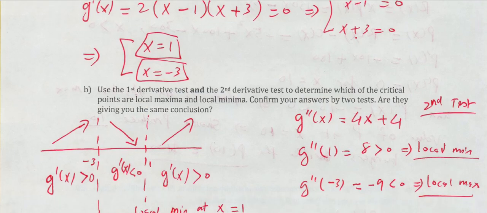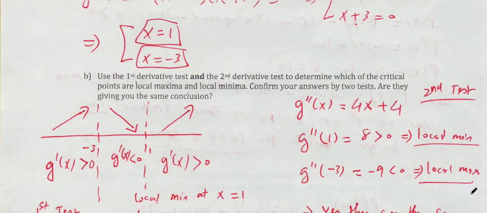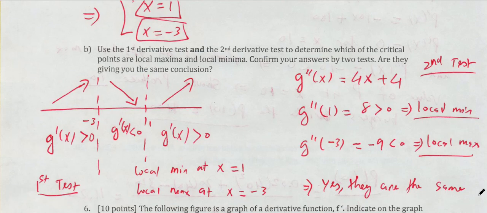And we got the two critical points. So all we do now is plug in 1 and minus 3 into g double prime. When g double prime at x equal 1, I got a positive value, which is bigger than 0. And bigger than 0 for the second derivative is positive. Positive means we have concave up, the happy face, right? And that gives me the local min right here.